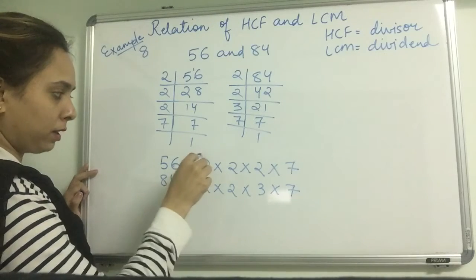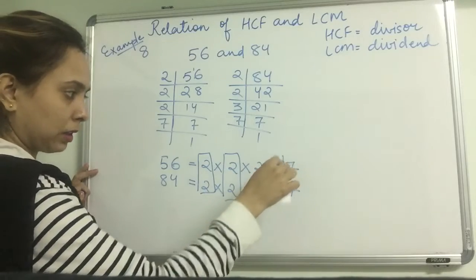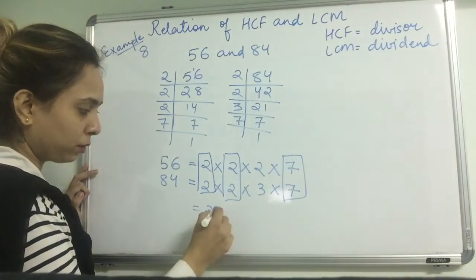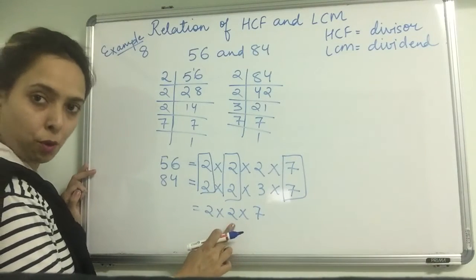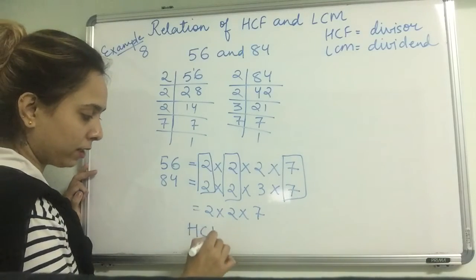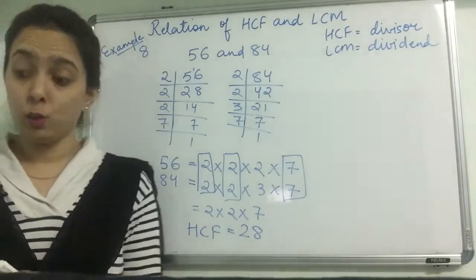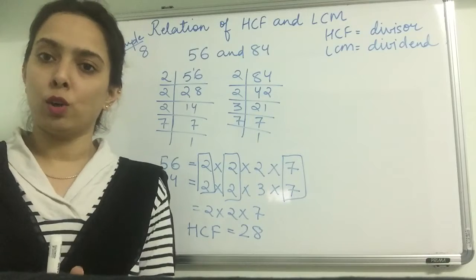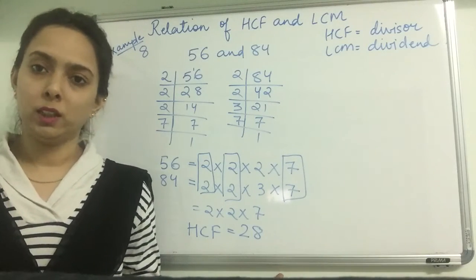Write down all the numbers. So the pairing process: here 2 into 2 into 7. 2 2s are 4 and 4 7s are 28. So HCF is 28. This is our answer, and you can see in your book also the successive common division method is showing the same HCF. So you can use any of these methods.